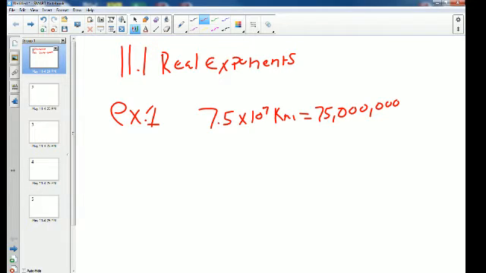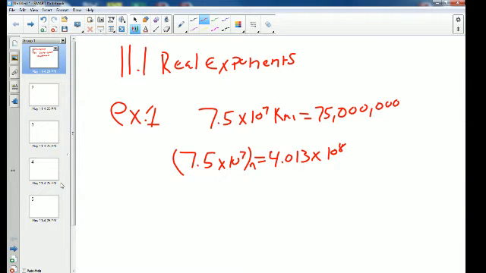Part B, we are going to find out how many times farther it is from the distance from Mars Pathfinder and the minimum distance between Earth and Mars. So we're going to write this equation as 7.5 times 10 to the 7th times n equals 4.013 times 10 to the 8th, which is how far the Mars Pathfinder travels.